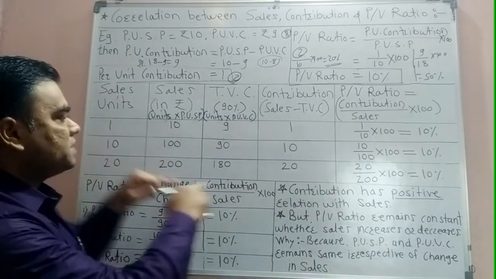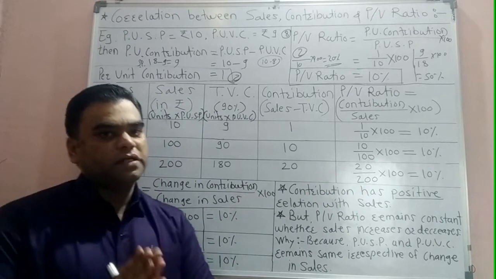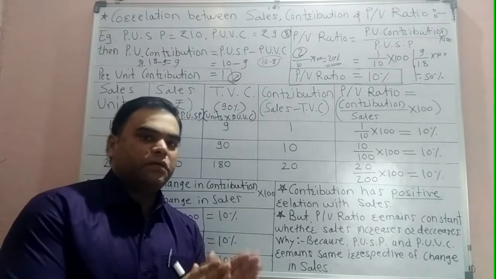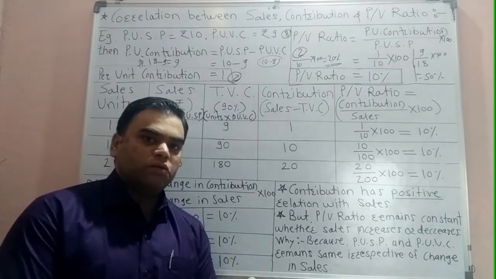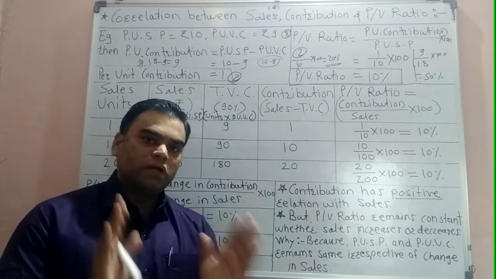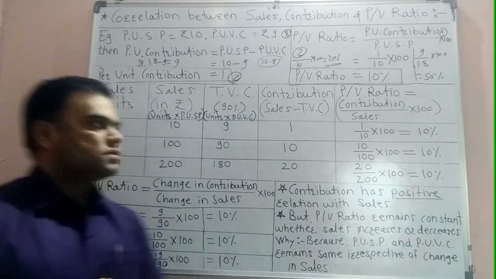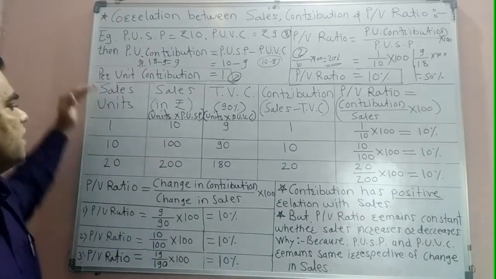So with the help of this table, now we are going to understand the correlation between sales, contribution and PV ratio. So let's start our analysis of correlation.